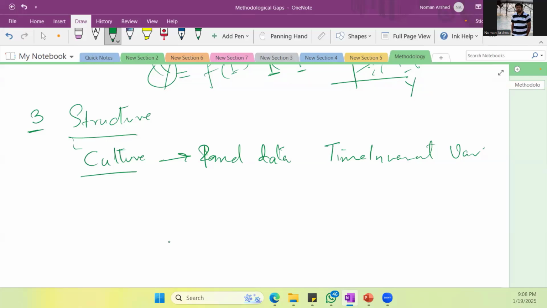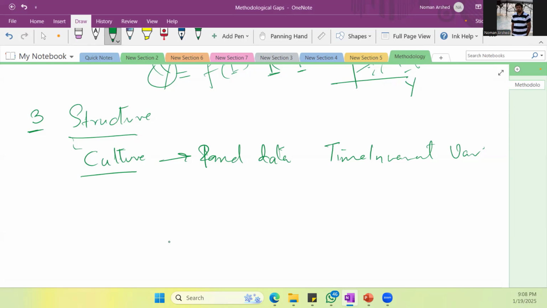So I'll apply a non-stationary panel data model, and in that the culture variable is there. So it means I can study the effect of culture in time series data across time. Okay, it's not a perfect method, but this is how the structure is done.